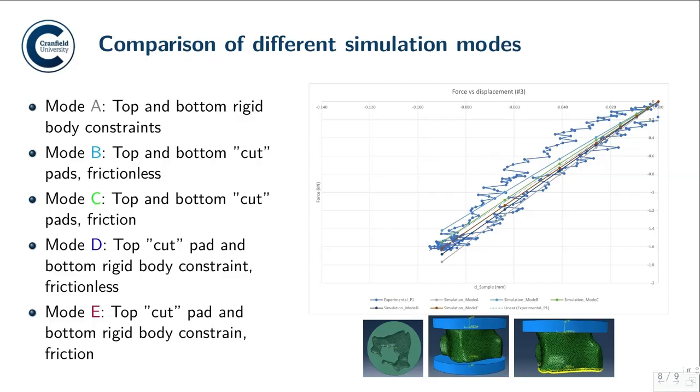We decided to use rigid body constraints, but obviously we could have used pads directly, but there were some interference problems between the bone and the pad, so we had to make some changes to avoid mistakes. We've seen though that the difference in results was very minimal. So at the end, we didn't really consider them, and we just used the rigid body constraints.